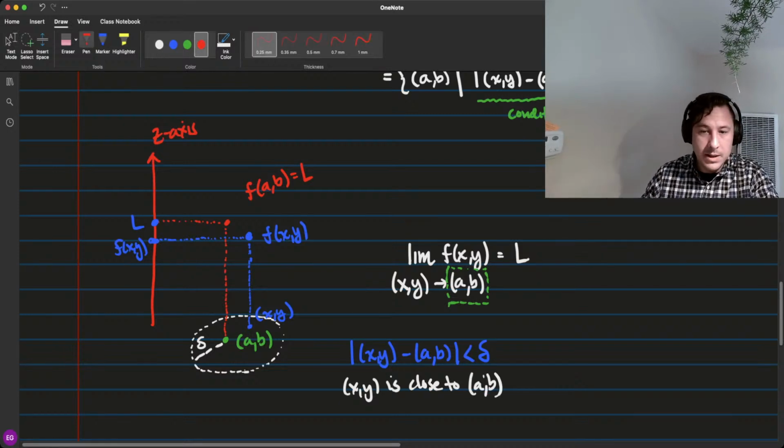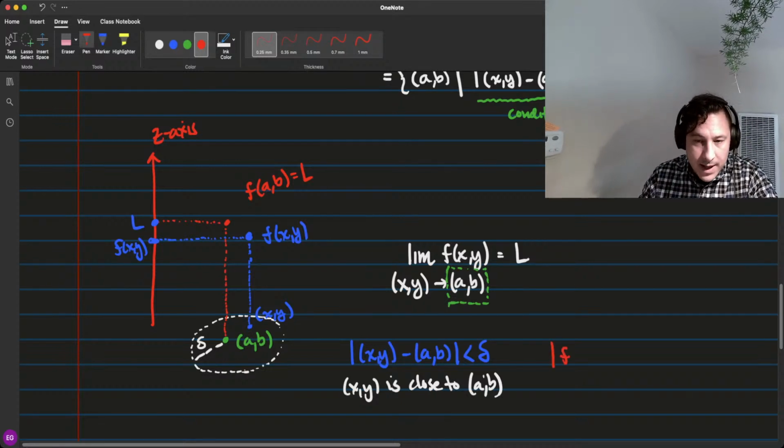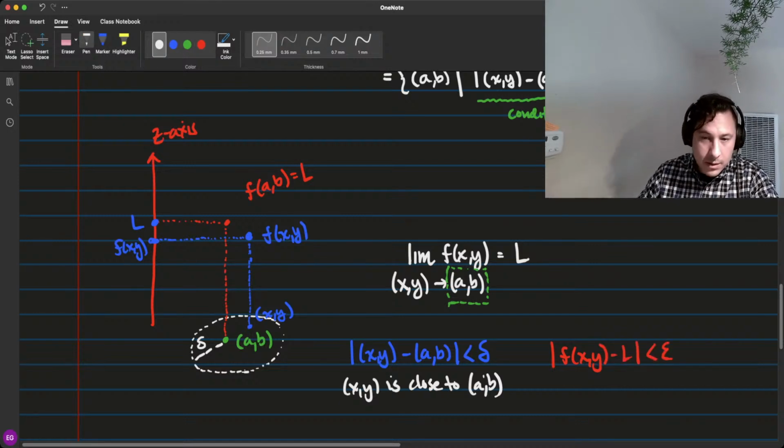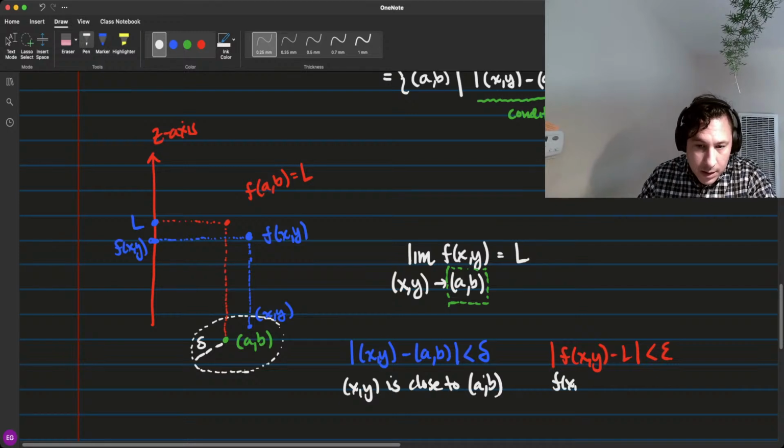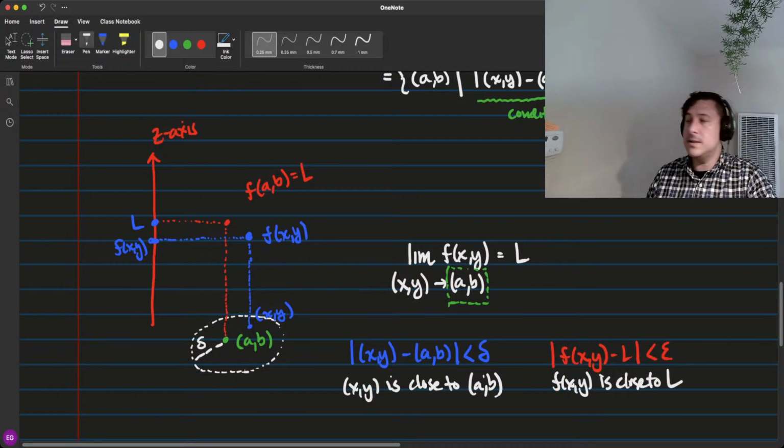Now the other part of the limit statement tells you, well, if xy is close to AB, then f of xy should be close to L. And that's what it means for the limit to exist.